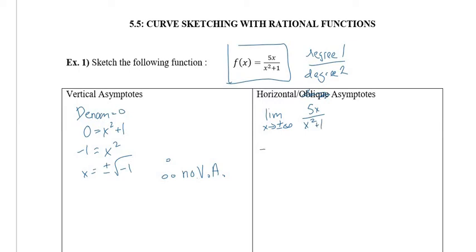We're just going to look in the denominator, and we see that we have an x squared there. So that's what we divide everything by. So we're going to take 5x over x squared divided by x squared over x squared plus 1 over x squared.